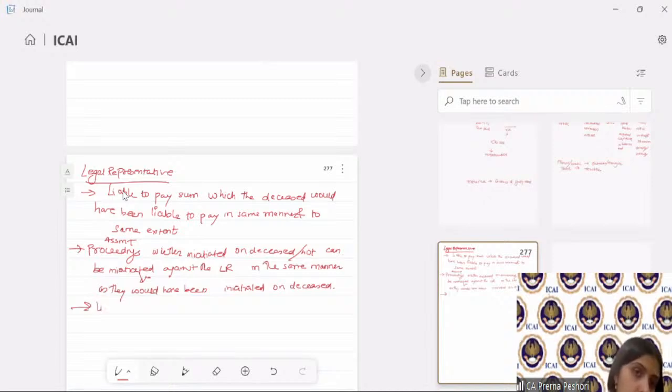Liability of legal representative limited to estate of deceased.